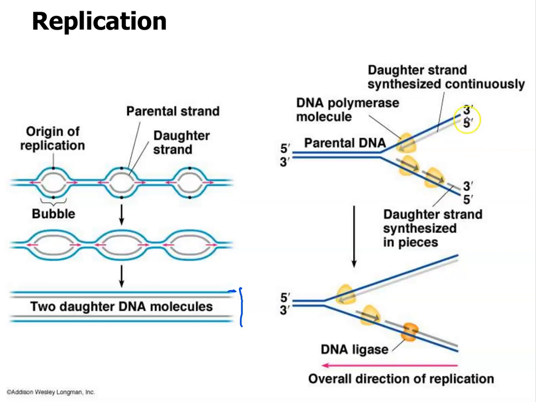So basically, this is a replication bubble that was cut open, so it would continue here in blue and down here in blue. But we cut it open basically, and so you see only half of it. You start at the origin of replication, and we open up this double strand right here, and there's one thing about DNA polymerase that's kind of odd, and that is that it can only go in 5' to 3' direction.